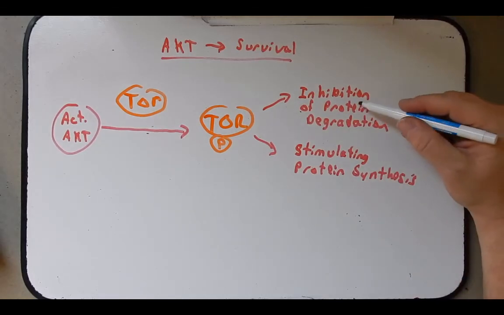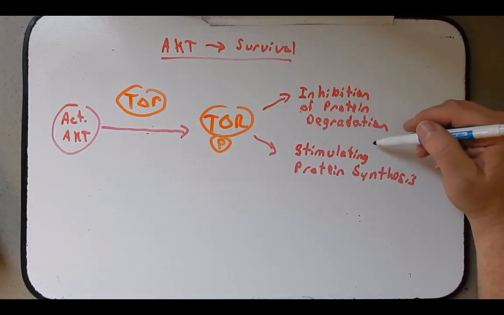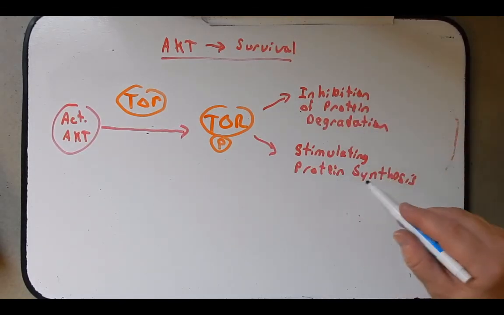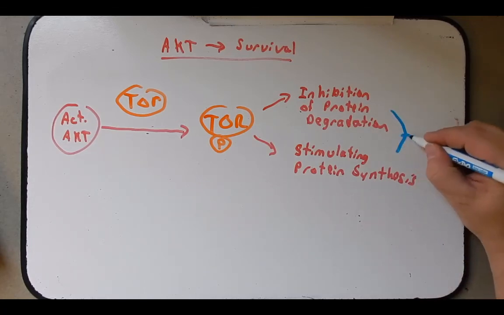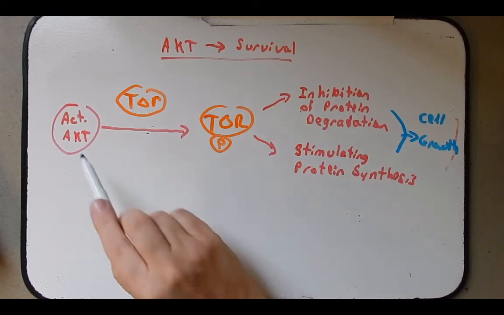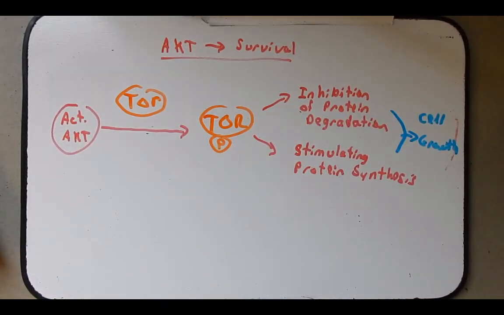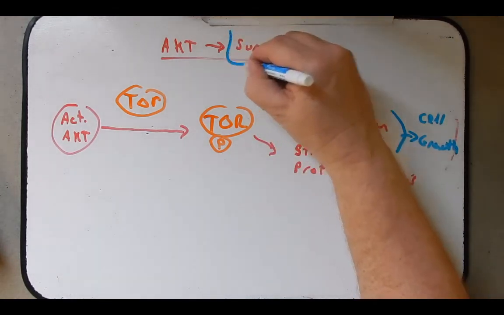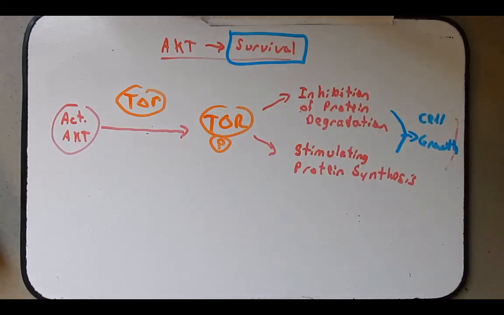And so by inhibiting specific protein degradation and activating specific protein synthesis, this leads to cell growth. So, activated AKT inhibits apoptosis or cell death and activates cell growth. So it kind of hits the survival at two different levels, preventing death and promoting growth.